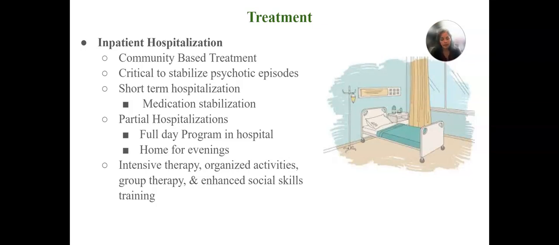Sadly, I've seen our public psychiatric care firsthand, and sadly, it doesn't have the best resources. And so for me, I found it to be in many ways abusive and unhealthy and toxic.